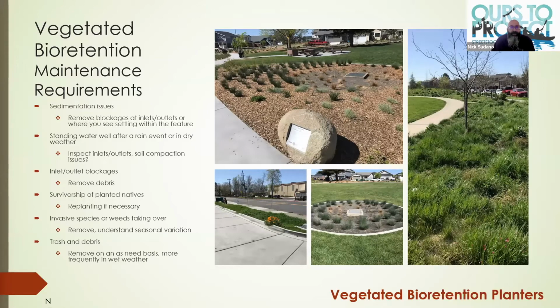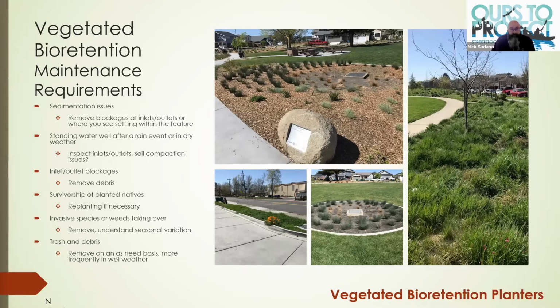It just takes someone to go over, look at the feature, and do it periodically so we don't get a cumulative problem. How are the plants surviving? Is replanting necessary? Is watering necessary, especially during these last 2 years of significant drought? Those are all things we're starting to notice in our inspections.